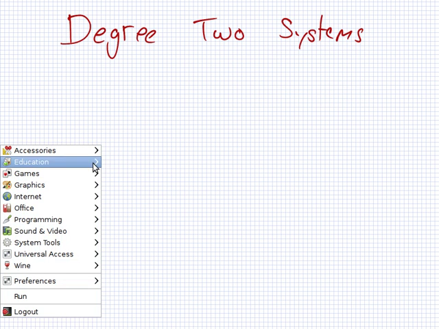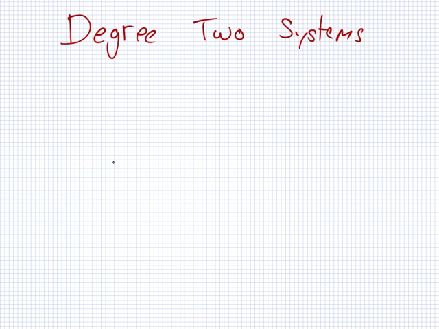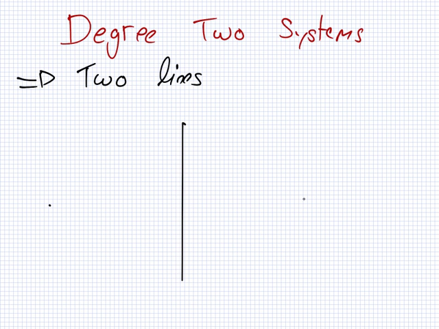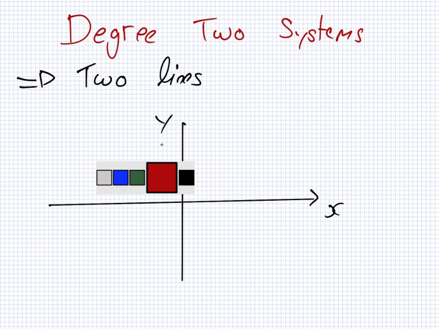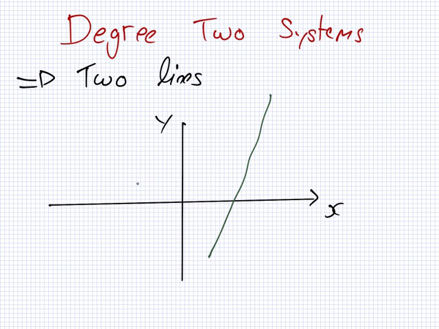So these are problems that involve two lines. What we care about in this lesson is finding where two lines cross. For example, this is one line, this is another line, and they meet here, and we want to know what this point is.